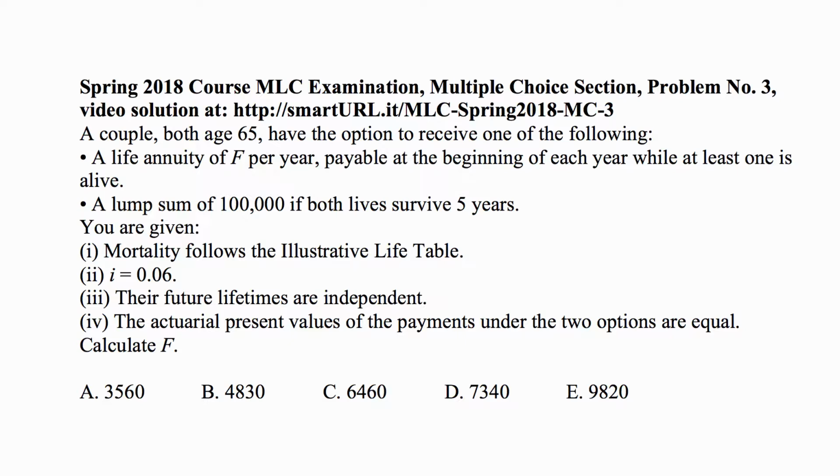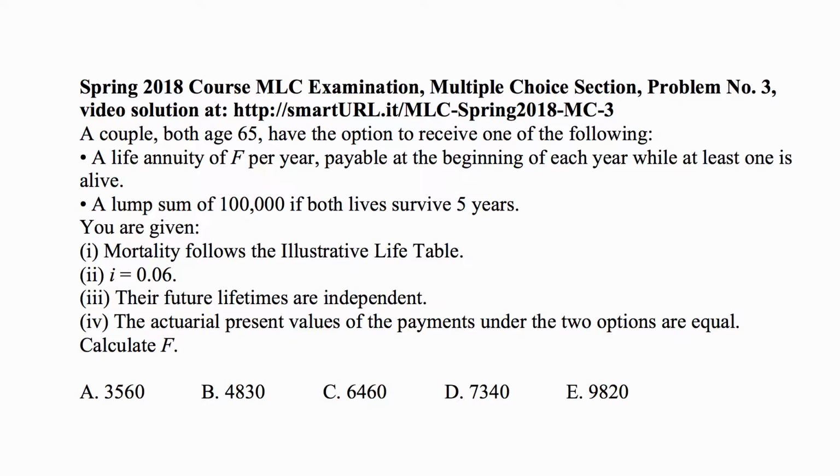You are given mortality follows the illustrative life table. Interest rate is 6%, and a very important observation here is that the interest rate assumed in the illustrative life table that you get on the test is the assumption in the calculation of all actuarial present values.